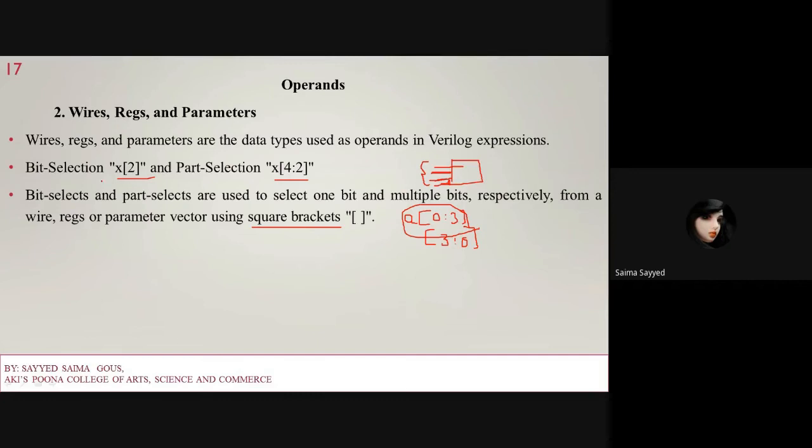Now what is bit select and part select? Registers are used to store data. Wires are just used for connections, to show the connection between your hardware or your gates. Suppose this is the OR gate, with inputs A and B and an output. A and B are wires, and they do not store any numbers, but registers are used to store numbers.